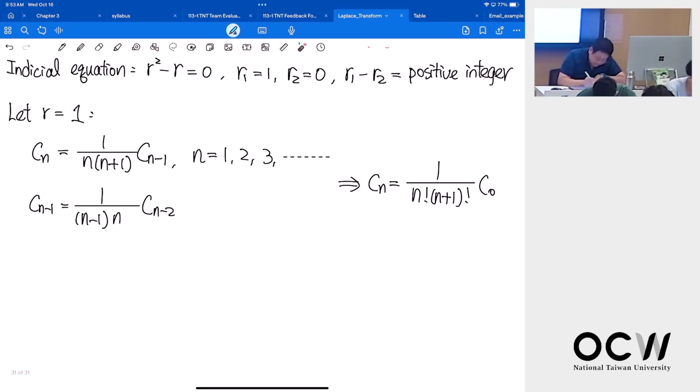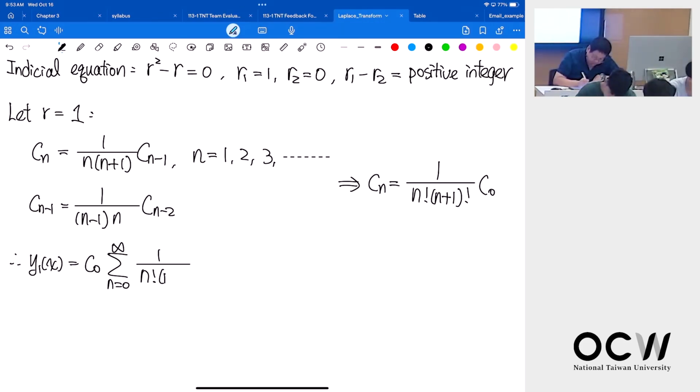So I can get my y1, that is always easier: C naught summation n from 0 to infinity, 1 divided by n factorial (n plus 1) factorial, x to the n plus 1.